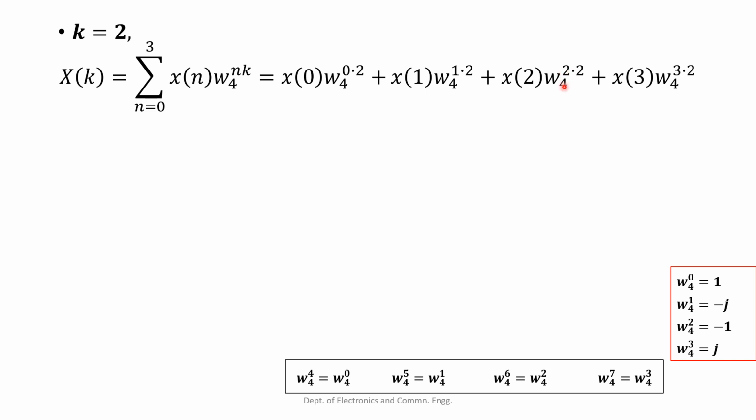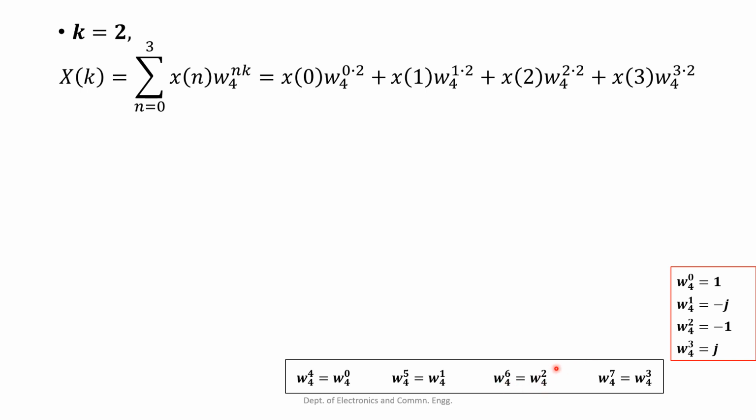So omega 4 power 4, its value will be equal to omega 4 power 0. So at this location we can substitute the same value that we have calculated for omega 4 to the power of 0. Similarly, here it is omega 4 to the power of 3 into 2, that is 6. Omega 4 power 6 we are going to have. Now what is that value?